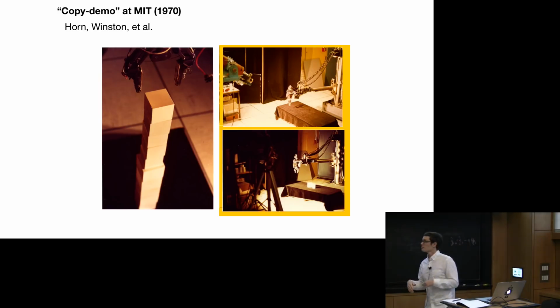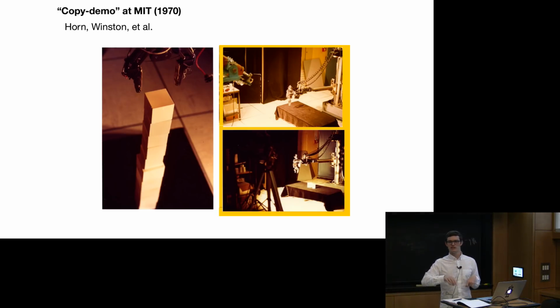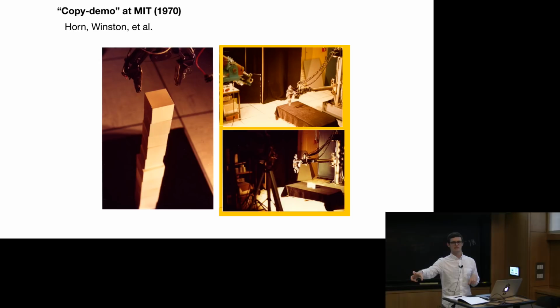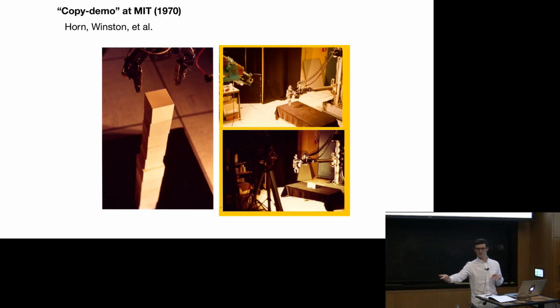So I wanted to go through a handful of results and what people have done in manipulation over the years. As far as I know, this is the first, and it's always hard with superlatives in the research world, but if it's not the first, it's definitely one of the first few results where somebody took a robot arm and went to grab something, and actually needed to use computer vision and state estimation to figure out where the thing was.